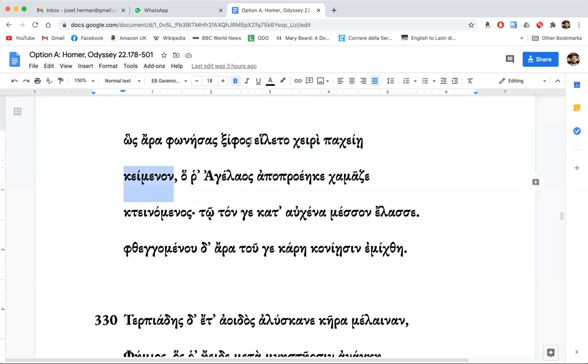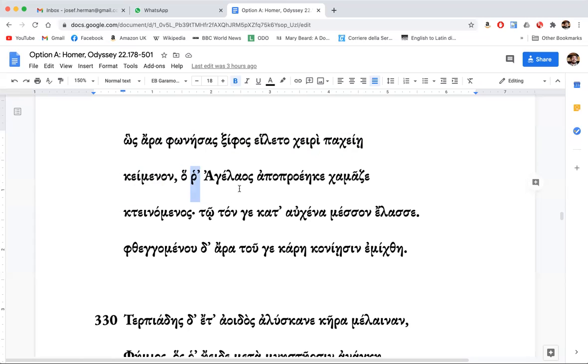So xiphos keimenon, a sword lying there, or lying nearby, you could say, which, ho, okay, and this is the neuter of the relative pronoun hos, and it's neuter because it's referring back to the neuter noun xiphos, meaning a sword, okay? So the sword which, and then this word ra here is another particle that we can ignore really.